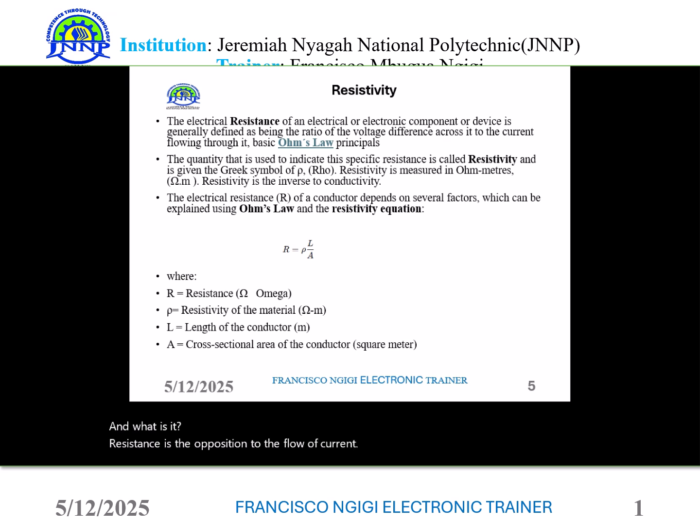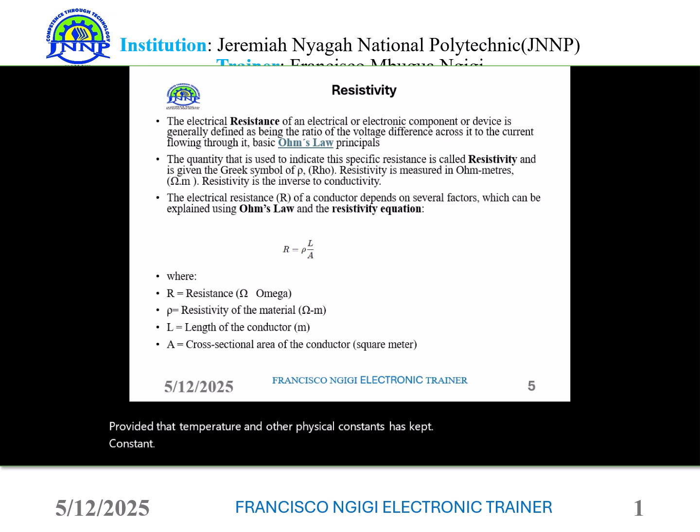And we have a law called Ohm's law that relates voltage and current. It states that the voltage is directly proportional to the current flowing through it, provided that temperature and other physical constants are kept constant.